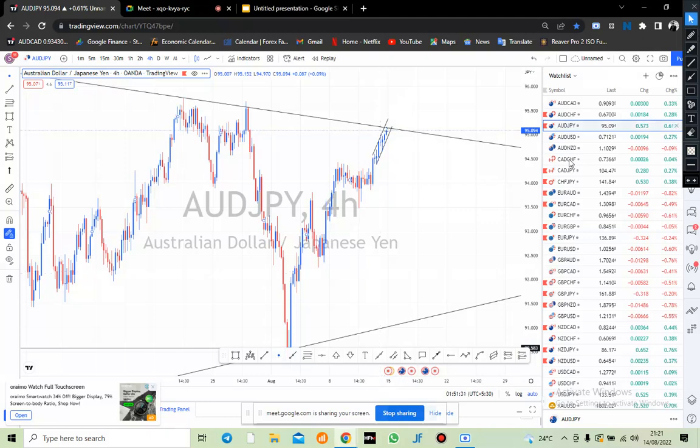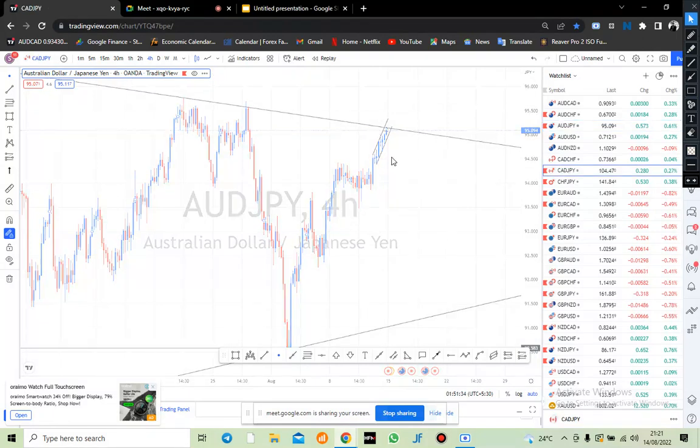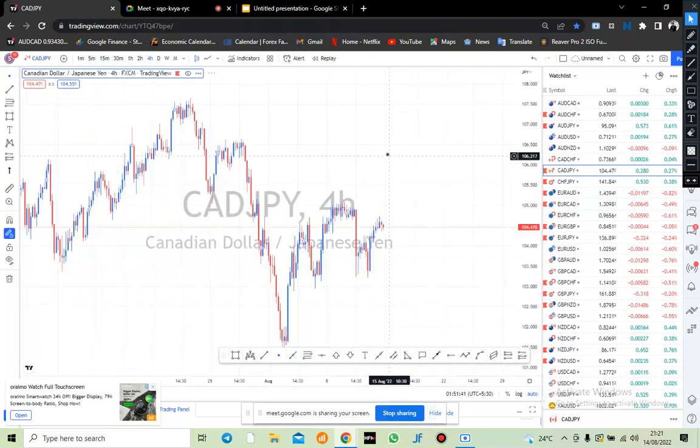Okay, so now let's check CADJPY. First thing first, I'll go to high time frame, the weekly time frame.